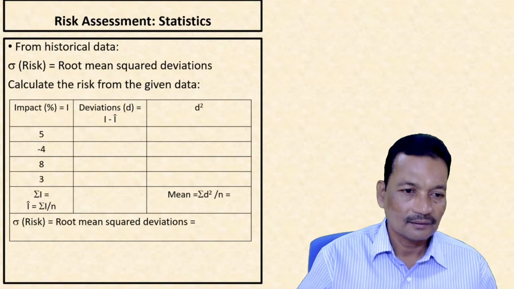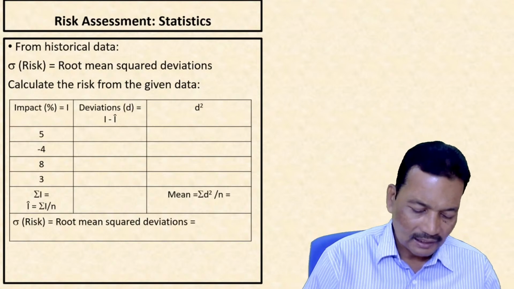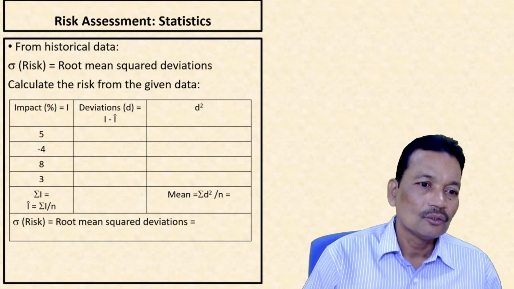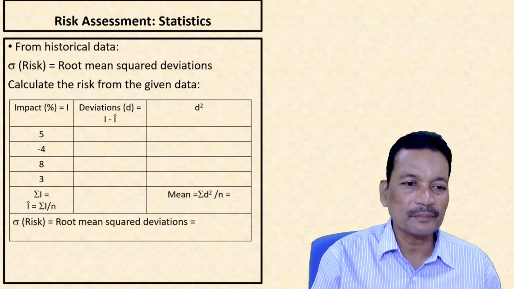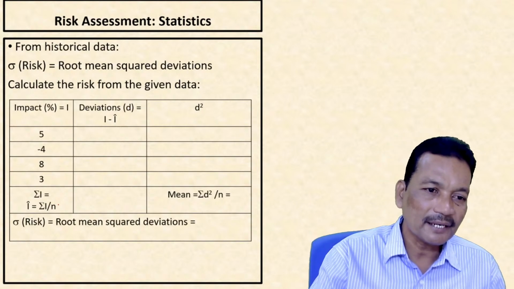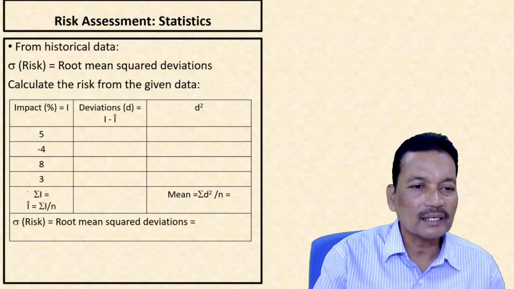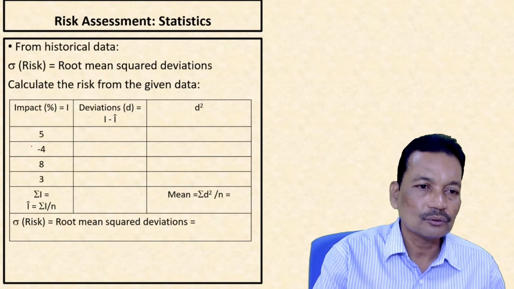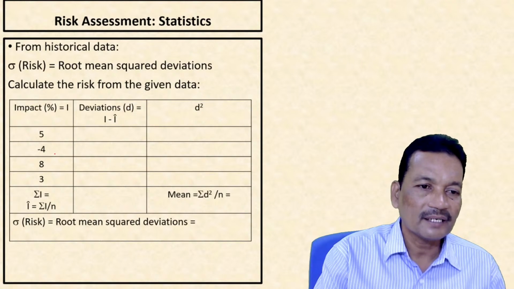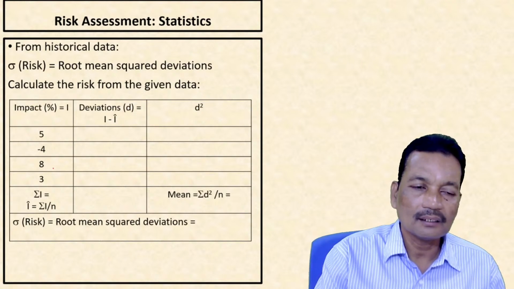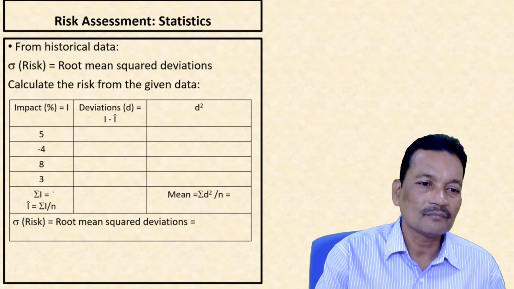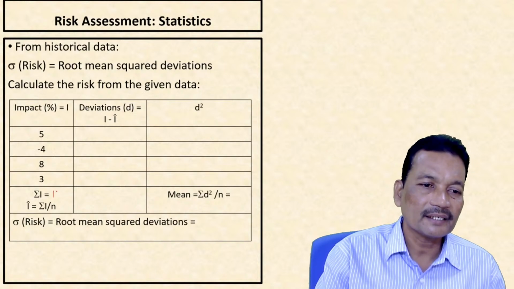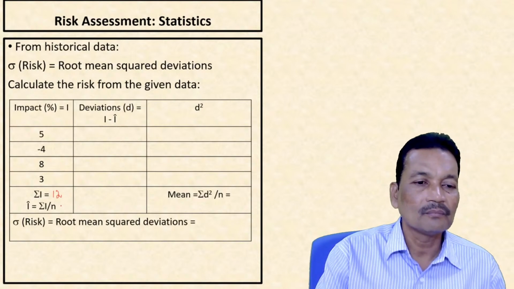Now here, first I find out the average impact for the 4 time periods. For average impact, I have to calculate the total impact first. So 5 minus 4, 1, 1 plus 8, 9 plus 3, 12. So the total of the impact is 12.